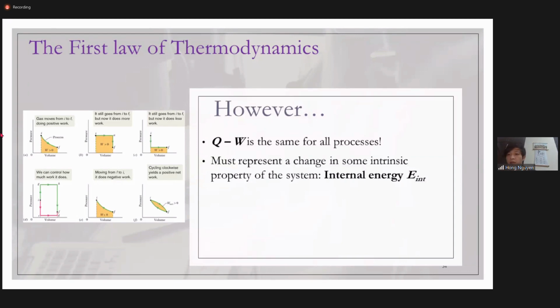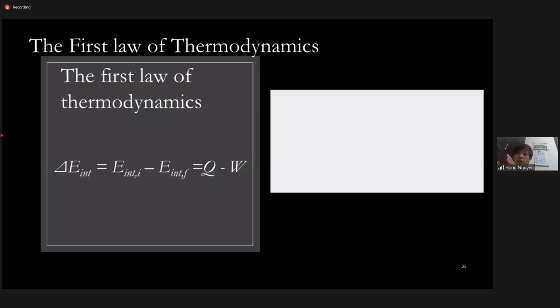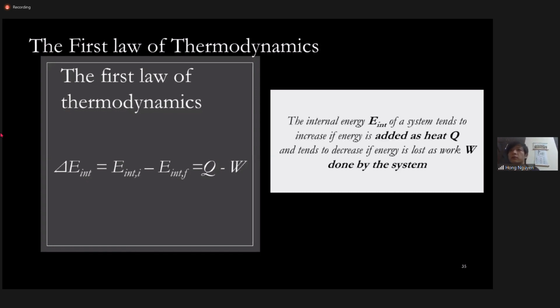A negative work is when the system receives work, or work done on the system. If the system gains heat, then we have a positive heat. If the system loses heat, then we have a negative heat. And then we also have to remember the formula of the first law of thermodynamics, and also the meaning of the first law. Is it okay for you?